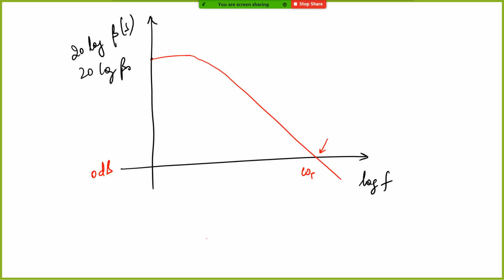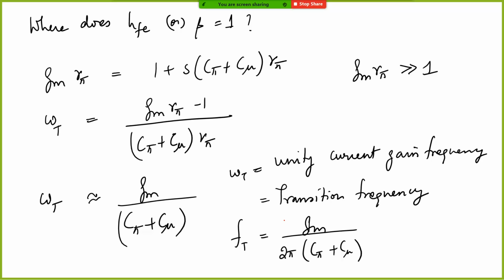The x-axis and y-axis are both in log scale, so it becomes a 0 dB line. 0 dB is your unity current gain, and this is your omega t. And omega t is basically given by Gm divided by C pi plus C mu. Is it clear? Does it make sense?